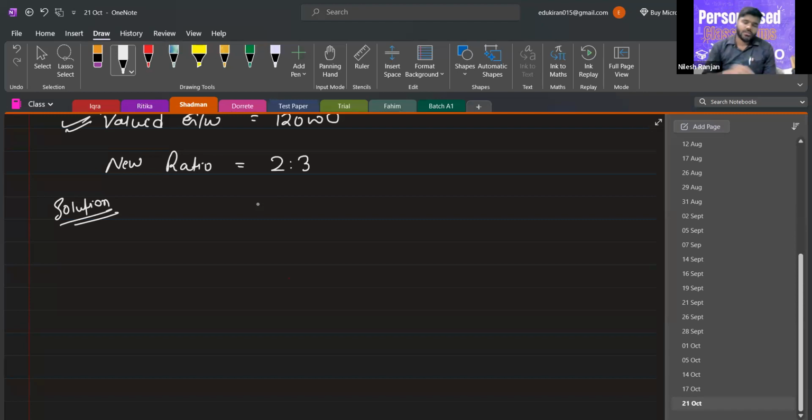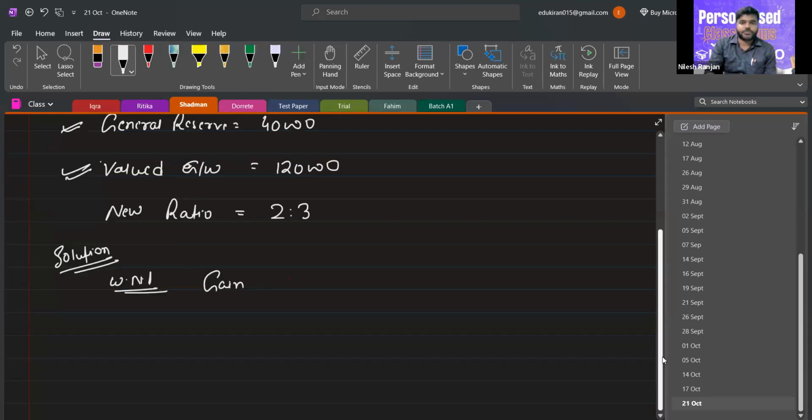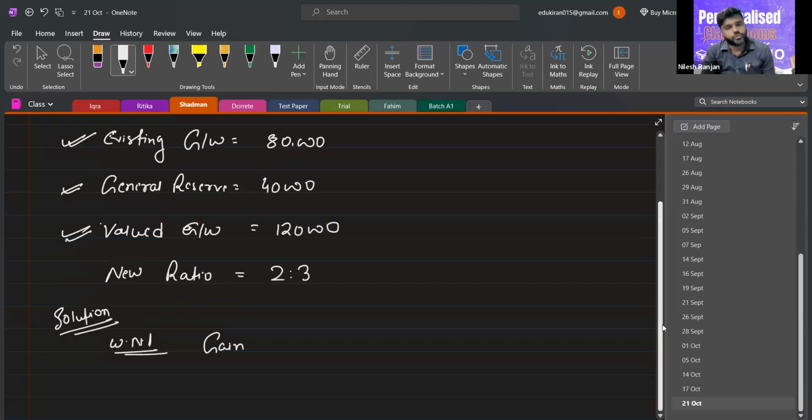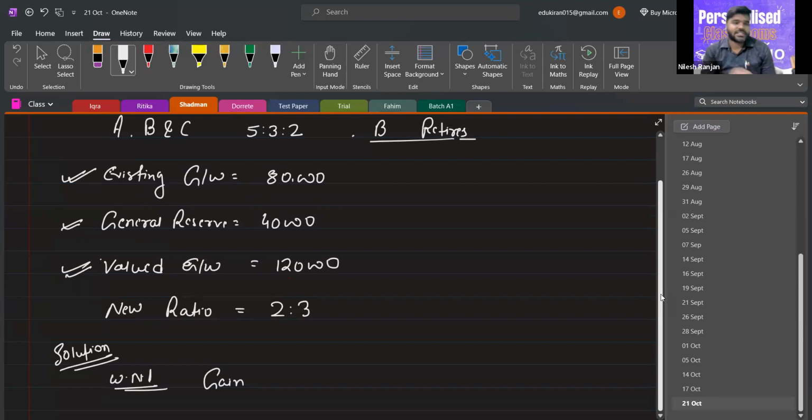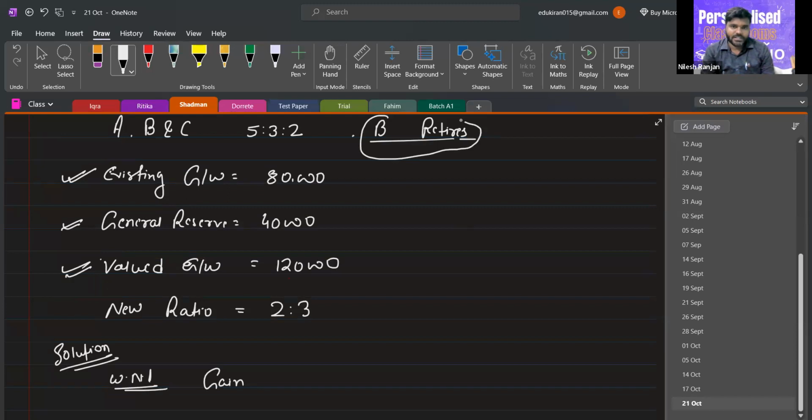But most of the portions will require the new ratio as well as the gaining sacrificing ratio. So first of all, we need the gaining ratio here. Old ratio we know. Sir, how do we know that we have to find the gaining ratio, not the sacrificing ratio? We don't know that. Because if, let's say, a partner retired, then we expect that the remaining partners will get something from his share. So they are gaining partners.